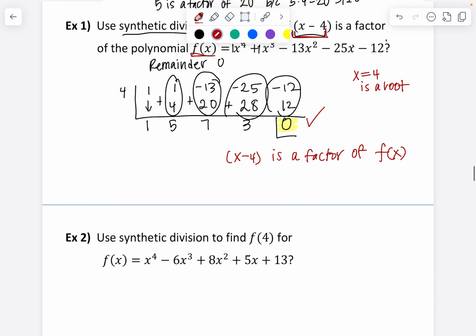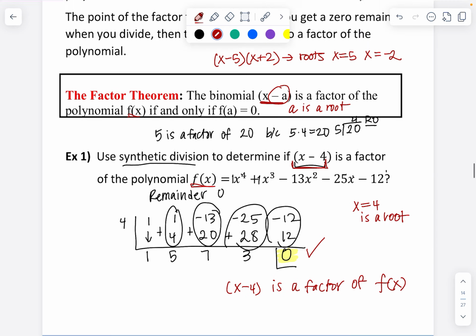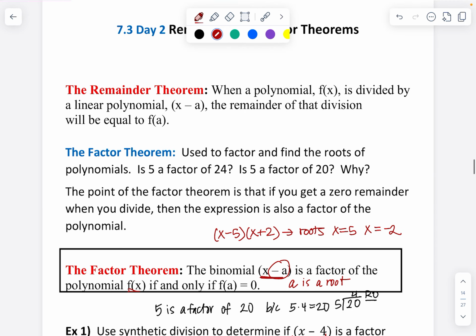And so the remainder theorem says that if you divide any polynomial by a linear factor, whatever the remainder is, whether it's 0 or not, that's going to be the result of plugging that root into the function.